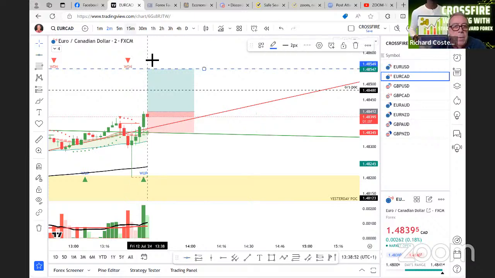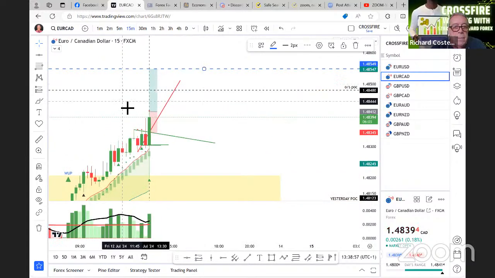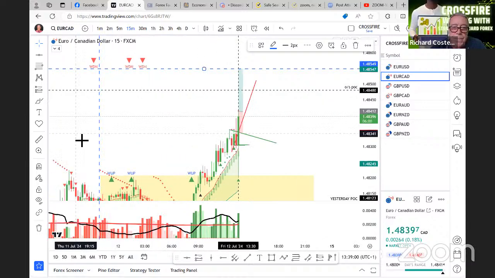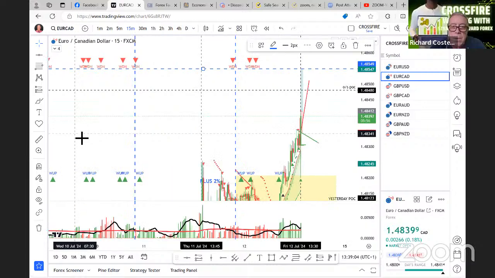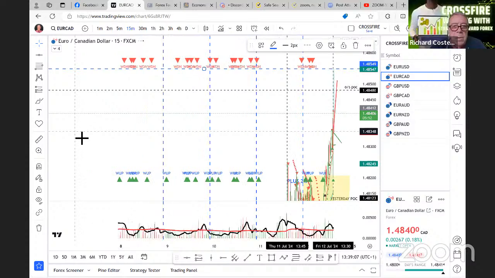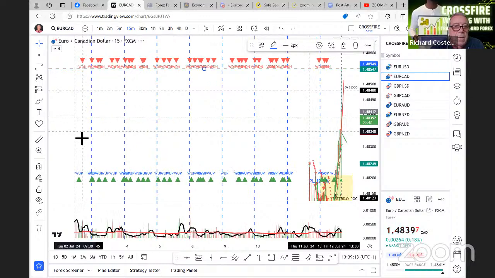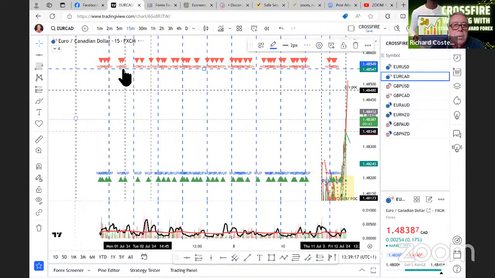I'm going to go up to the 15-minute chart and I'm going to look left. And once again, I suspect there's nothing in the recent past that will give me confidence to get in for a buy. So I'm going to need to look for additional factors, see if I can find any outstanding buys.